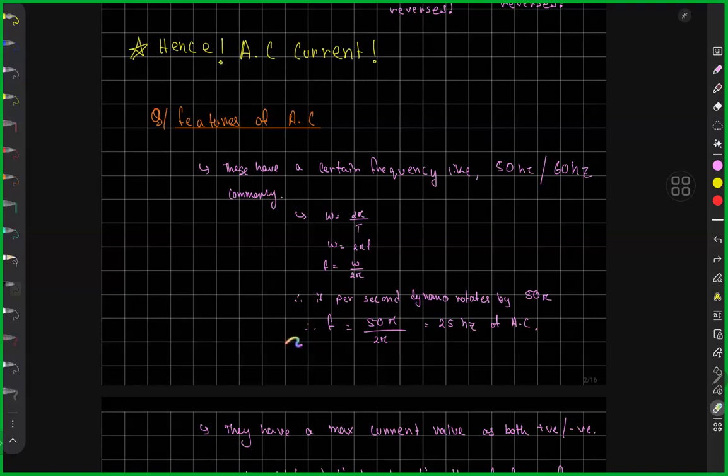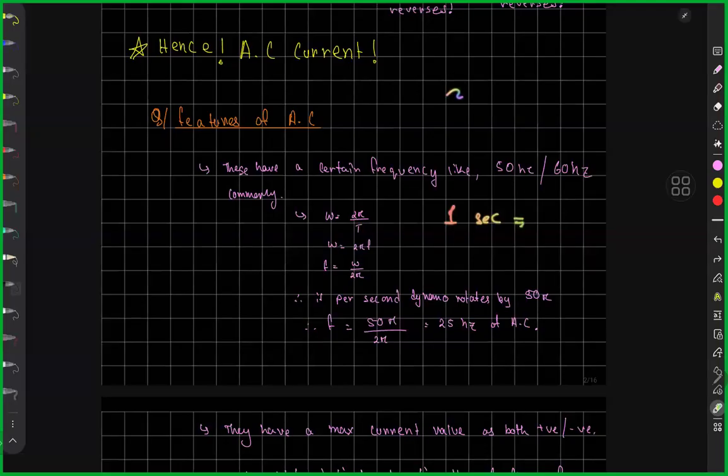These are sinusoidal graphs. And the thing with these is they have a certain frequency because it's oscillating. It's an oscillation. Okay. So they have a certain frequency. What does that mean? That is, every cycle is completed within a certain time period. That is to say, every 1 second, there will be a certain number of cycles.